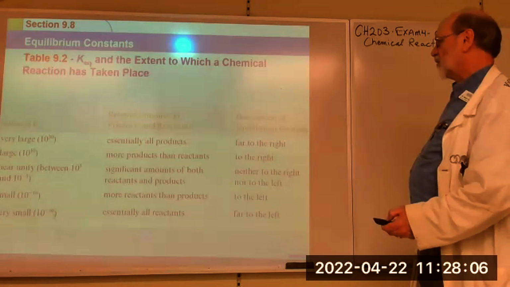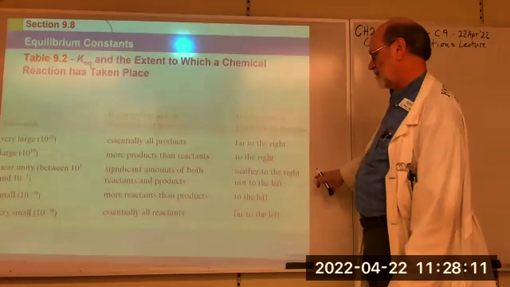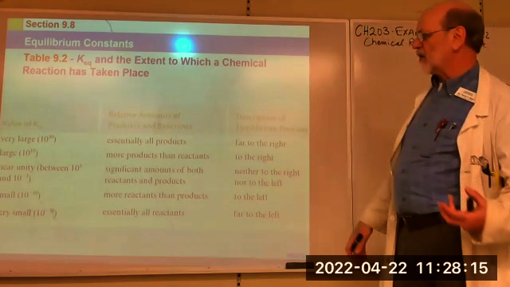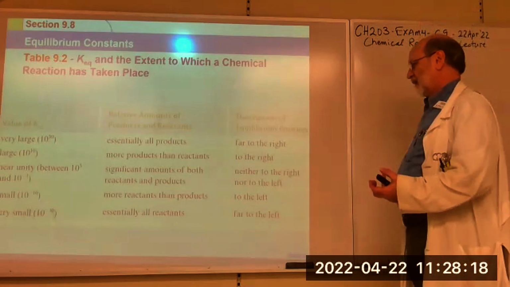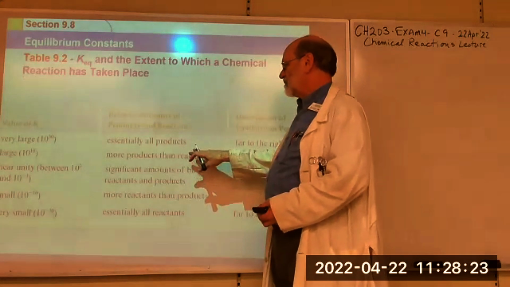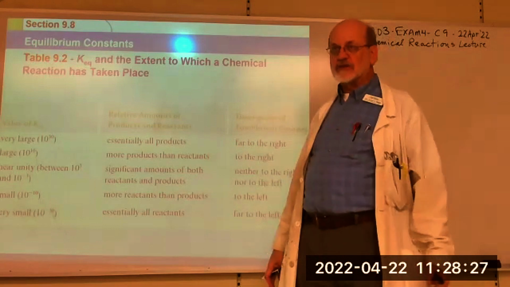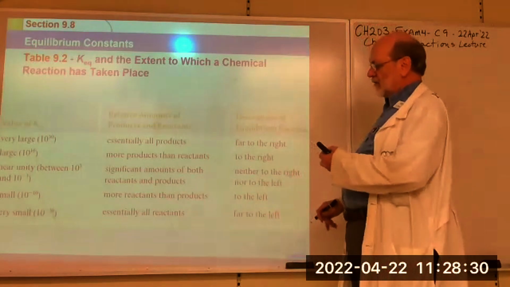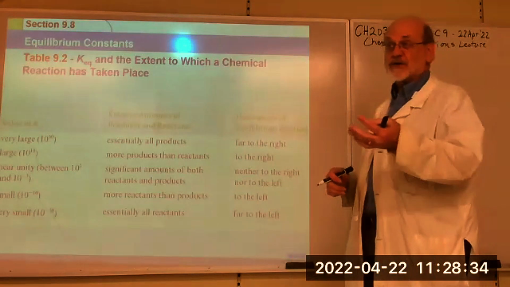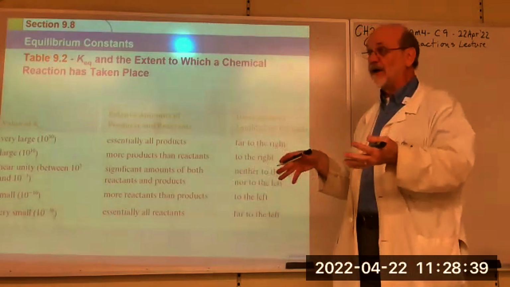Okay, so this came out of your textbook. We talked about very large and very small Ks. If the K is very, very large, you're essentially saying the reaction goes to completion. If the K is close to 1, and because you've got the powers of concentrations in there, you can't actually say 1.